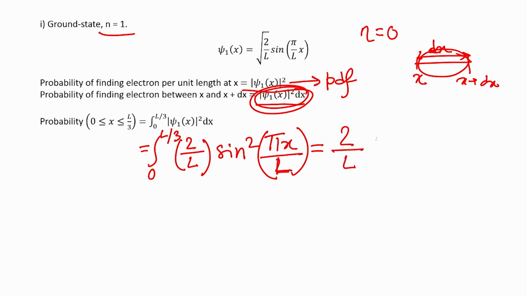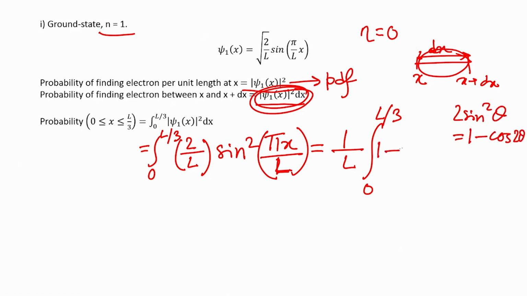So 2 by L integration over 0 to L by 3. You can take this 2 inside, so it will become 2 sine square theta, that is equal to 1 minus cos 2 theta.